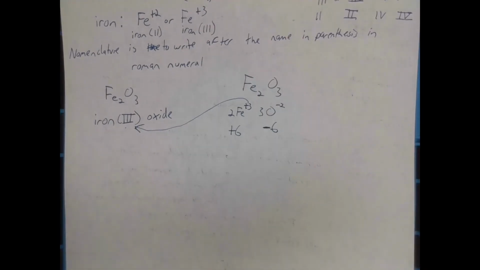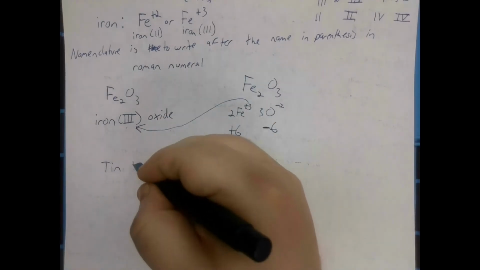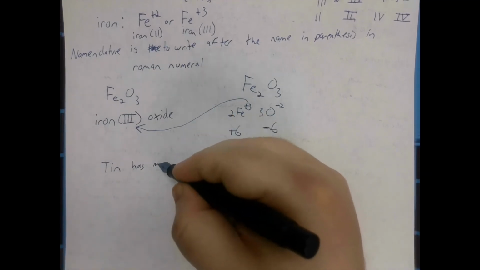And I will tell you which ones have multiple oxidation states. You don't have to memorize them. For example, tin. It has multiple oxidation states.